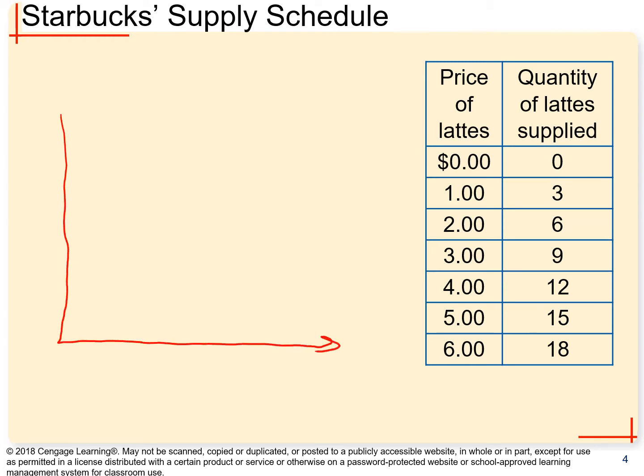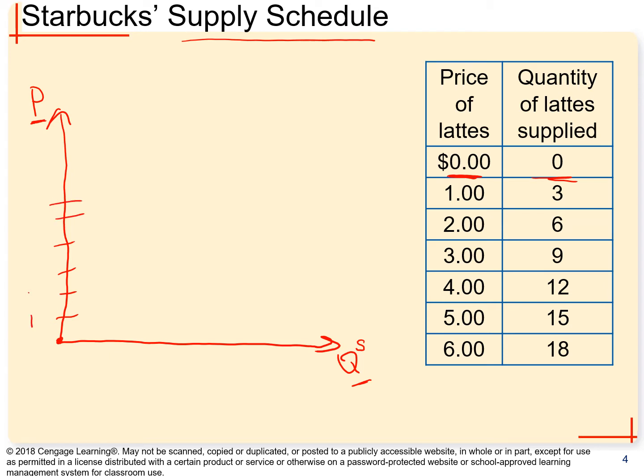So we're going to take this information and build our supply curve. You already have a pretty good idea of how to plot the points on the graph. Remember, when we're talking about market forces of supply and demand, price is going to be on the vertical axis, quantity on the horizontal axis. This one is going to be quantity supplied since we're talking about the supply curve. Actually, I probably need to first put the scale, 1, 2, 3, 4, 5, 6.